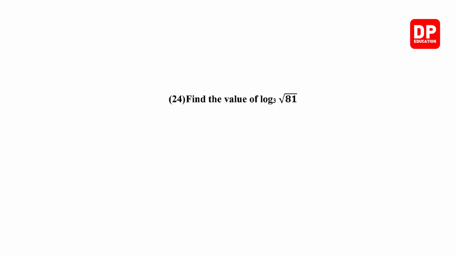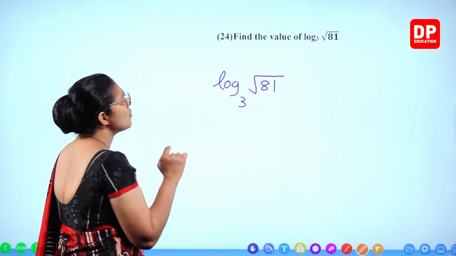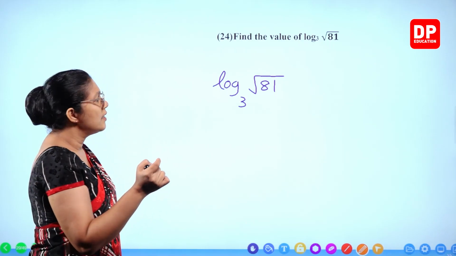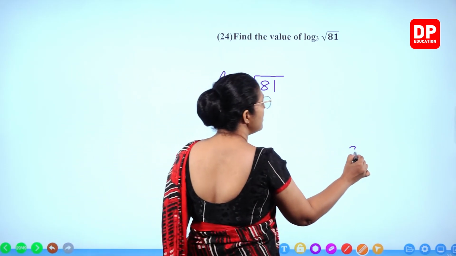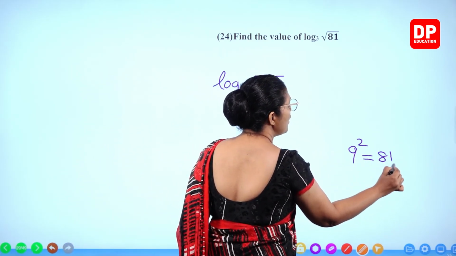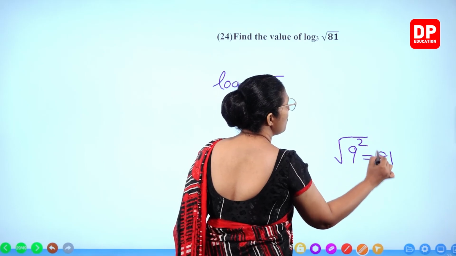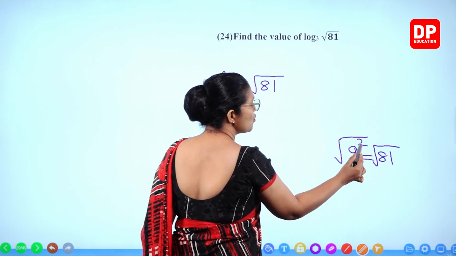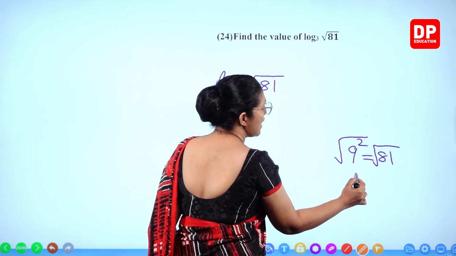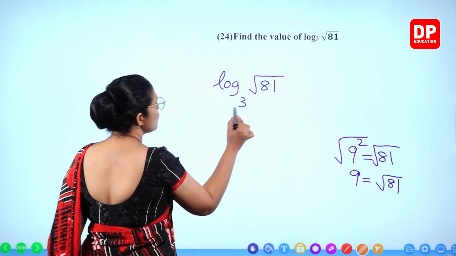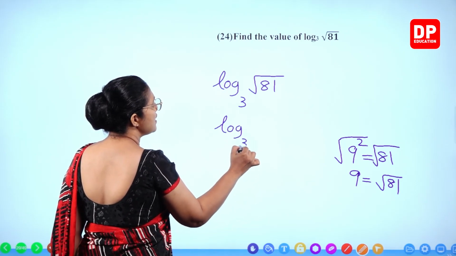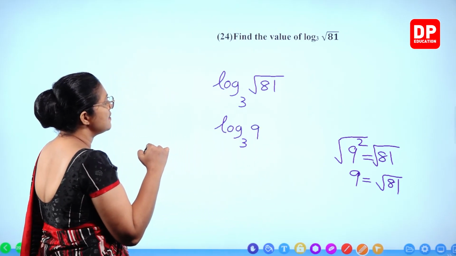Question number 24. Log 3 base root 81. So what is the square root of 81? Square root of 81 is 9, because 9 squared is 81. So you can write log 3 base 9 is this.